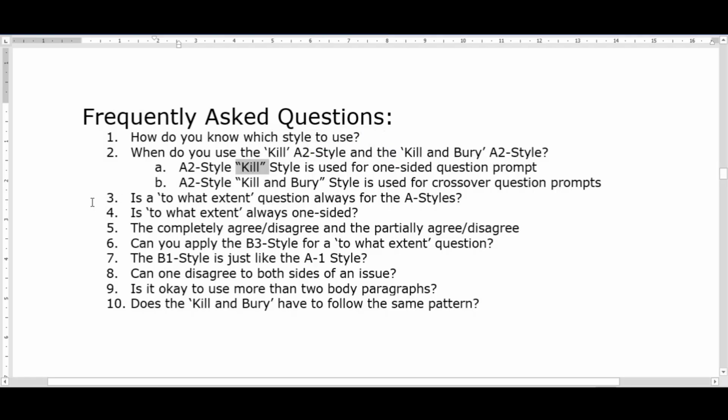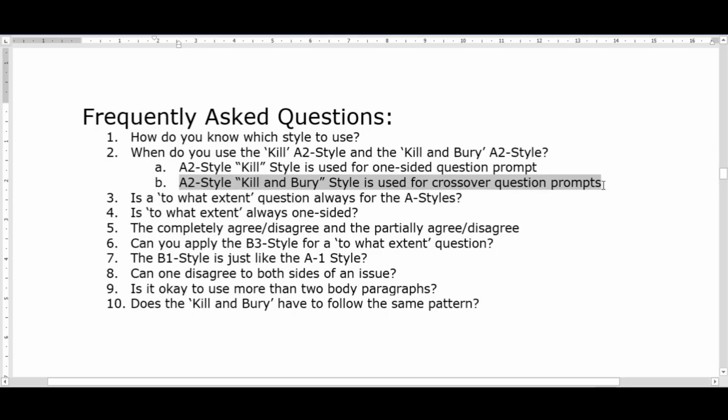Question number 3 is asking, to what extent, is a question always for the A styles? I think this is kind of related to number 4, is a to what extent question always one-sided? So I think that relates to the answer we just had for letter B. There really are to what extent questions that are actually crossovers.